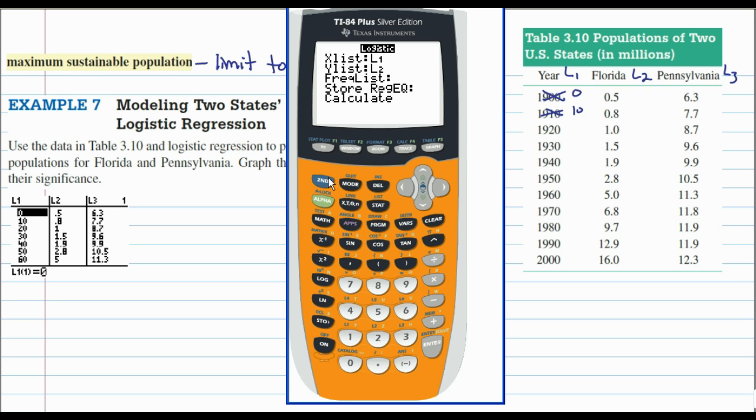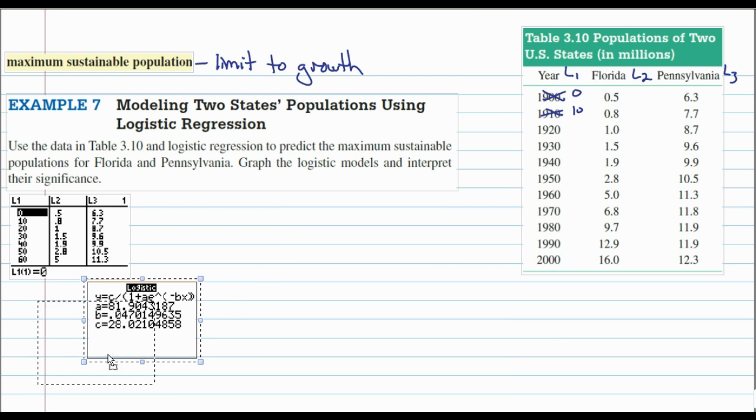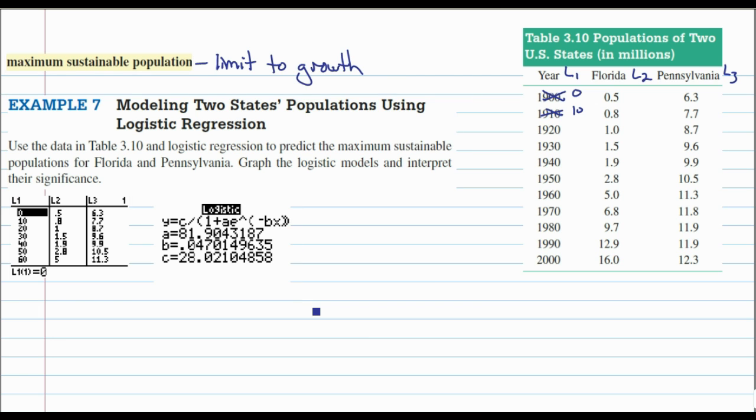I want to store that regression equation into Y1. So I'm going to hit enter. Drum roll. It's taking forever. It's okay though. Equation. Yay! Alright, so there is Florida's equation.